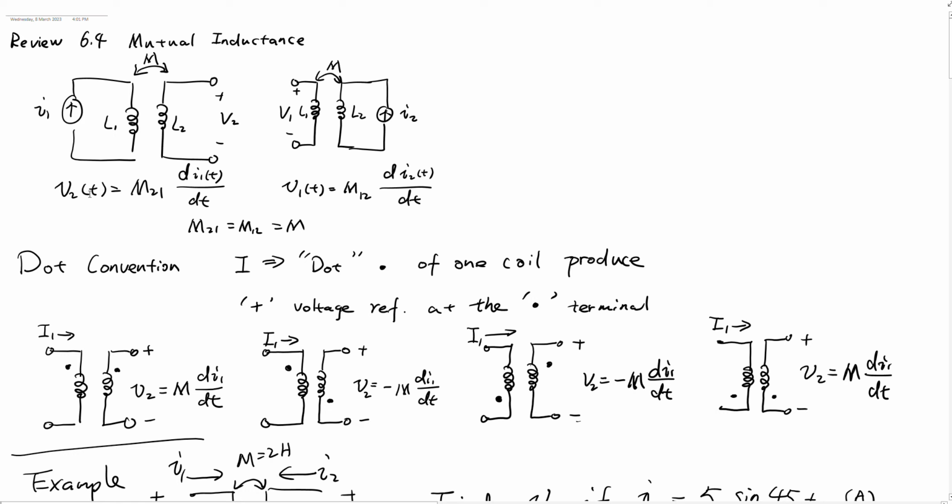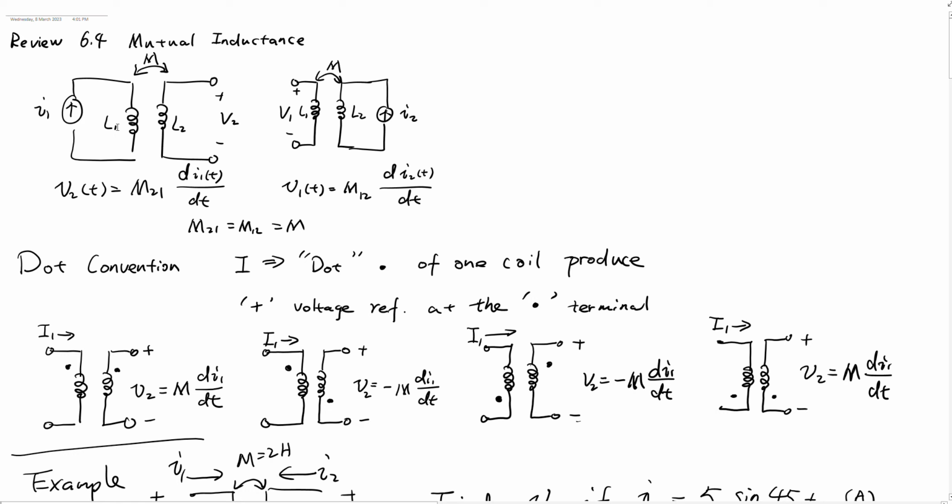So it will induce a voltage V2 at the secondary side equal to M di1/dt. It has to be a changing current. If the current is constant, its derivative is 0, so there will be no voltage here.